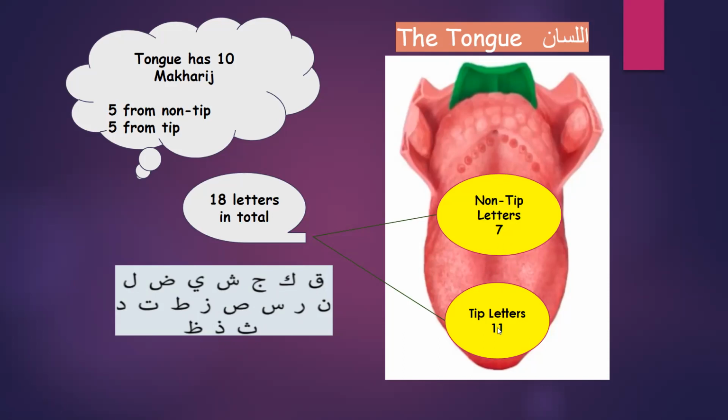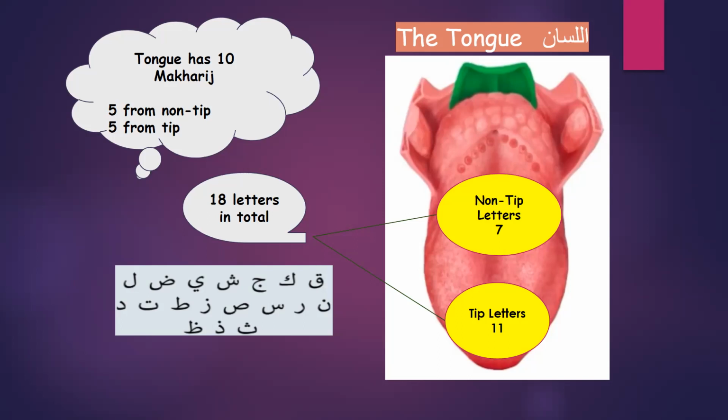Okay, so you might have heard about the other names that have been used to describe the makharij from the tongue. For example, aqsa lisan, wasat al-lisan, hafat al-lisan, adna al-hafa. All of these names that you might have heard before, they all fall under the non-tip makharij.